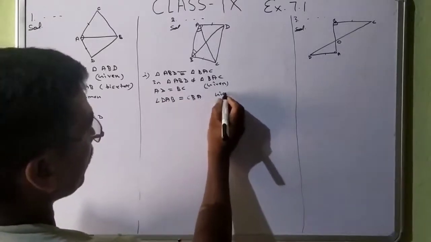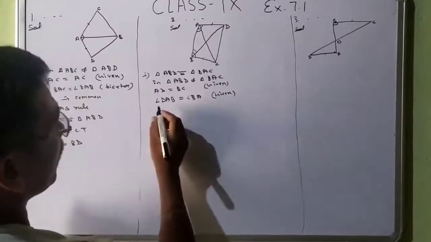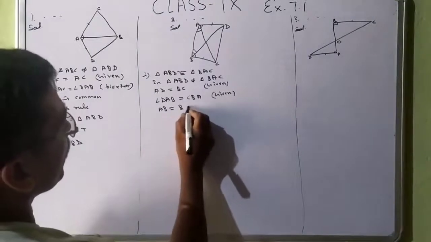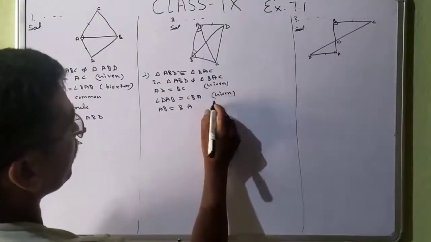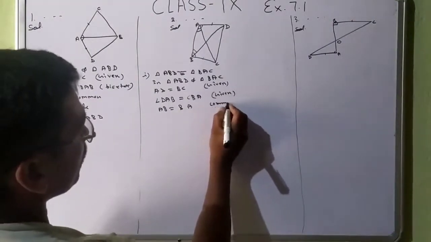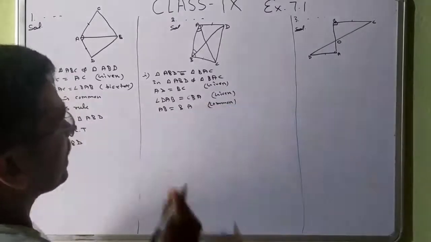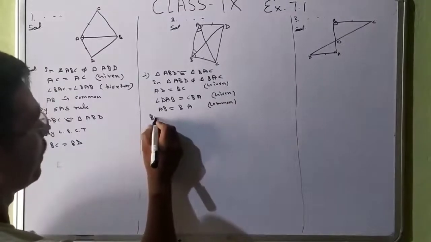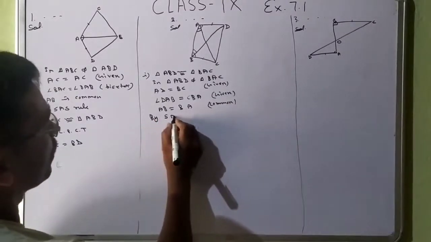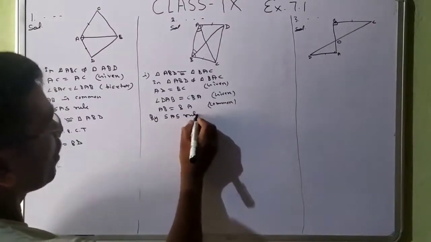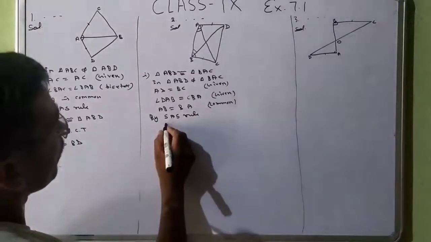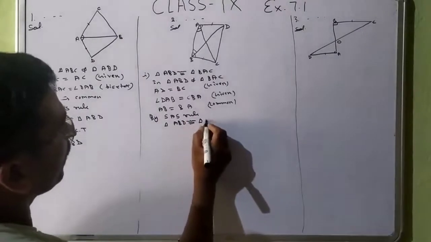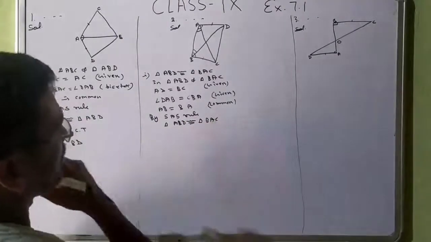This is also given in the question. And then AB is equal to BA, common, because this AB is a common part of both triangles. So by SAS congruence rule, triangle ABD is congruent to triangle BAC.